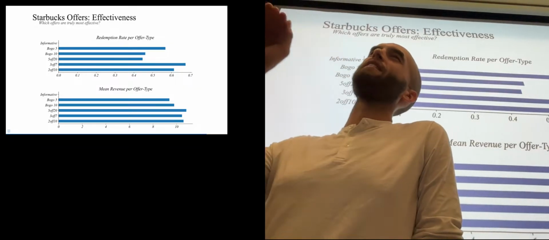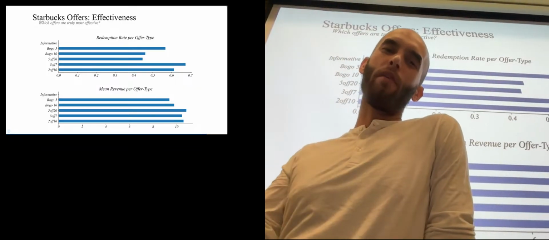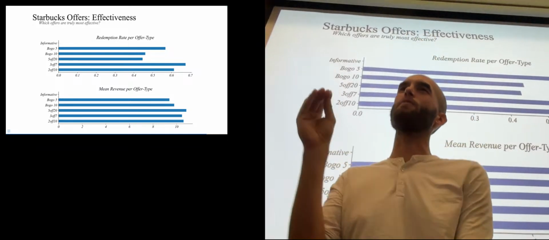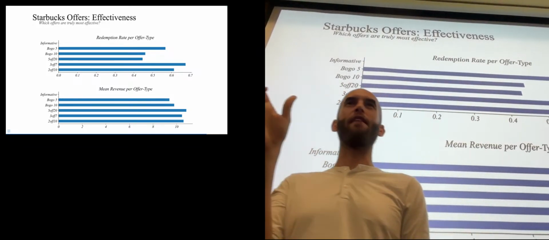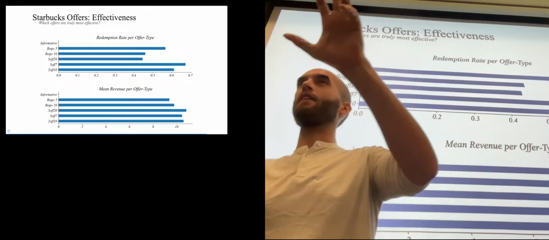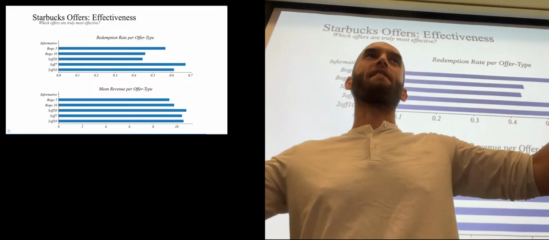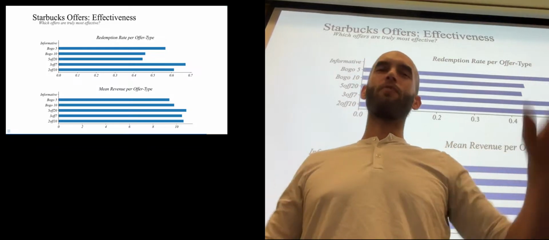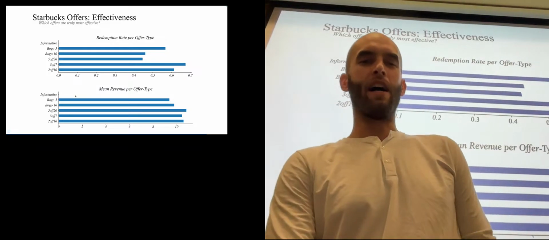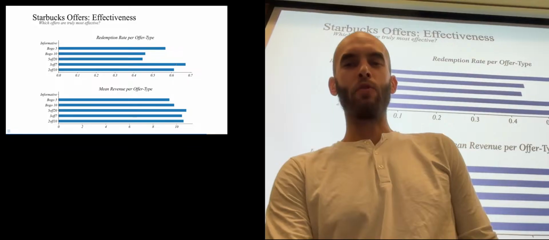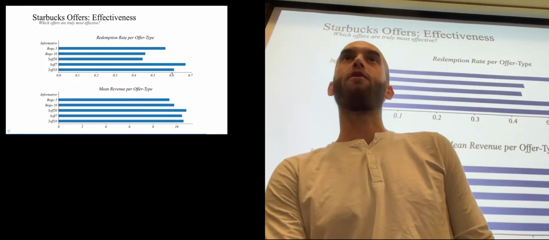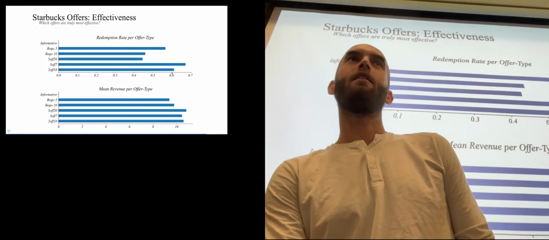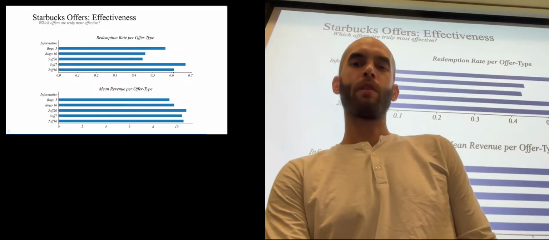I would make a pretty good case for 2 off of 10. If you're thinking from Starbucks perspective, 3 off of 7 is a really big discount. It's almost 50% off, which is pretty big. 2 off of 10 has a pretty high redemption rate too. It's not as high as 3 off of 7, but it's still pretty high.